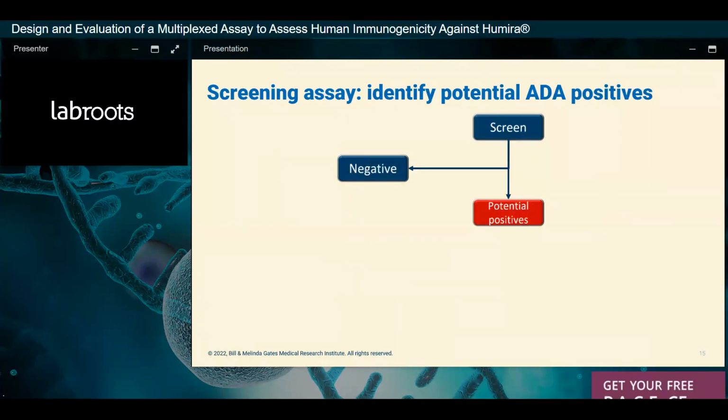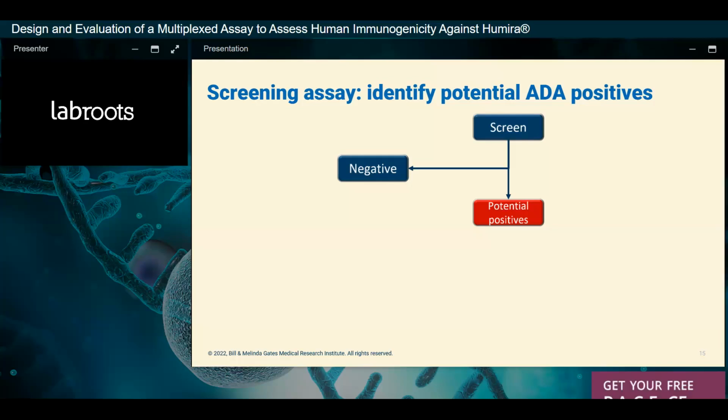When you go to analyze your clinical population for these anti-drug antibodies, you have this screening assay and you screen all your samples once. Samples that are negative or below that particular cut point are scored negative and the effort is over.